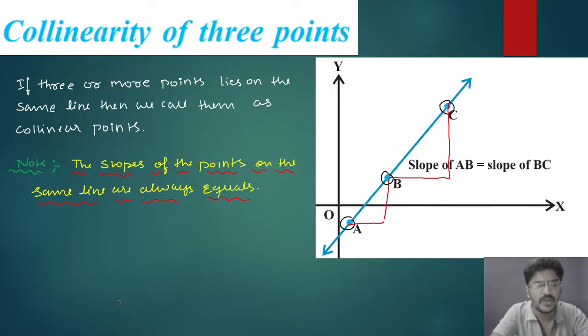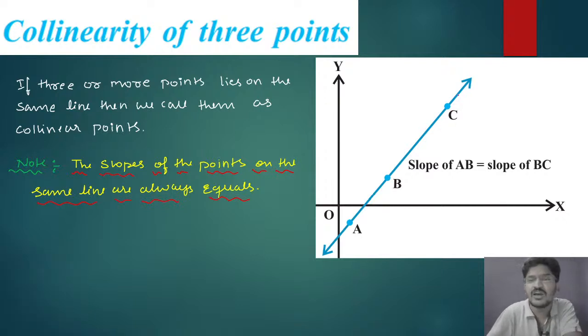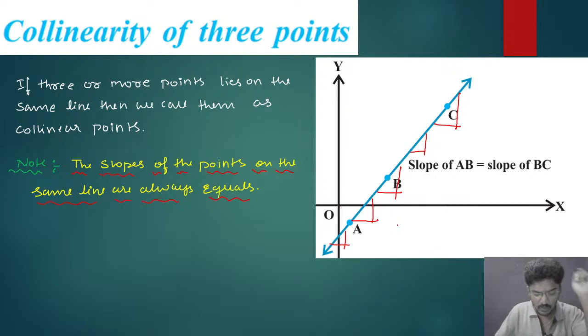That means if for the same line I draw as many slopes, all these slopes are going to give you the same answer.